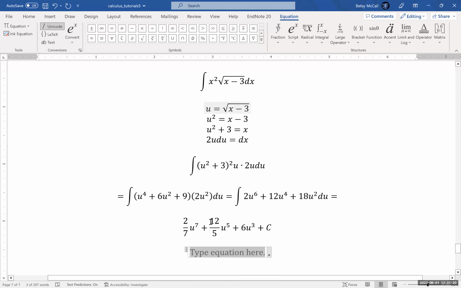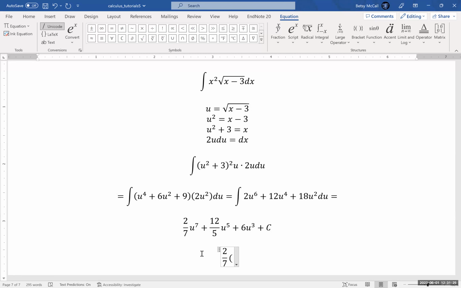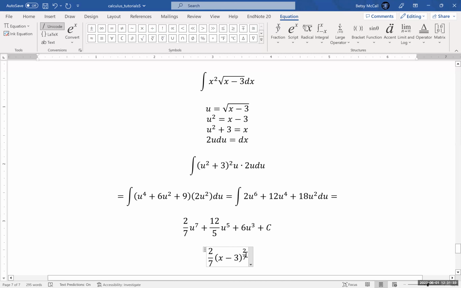Remember, the square root is the 1/2 power, so this becomes 2 over 7 x minus 3 to the 7 over 2 power. Because it was the 7th power, and now the square root makes it a 7 over 2 power.